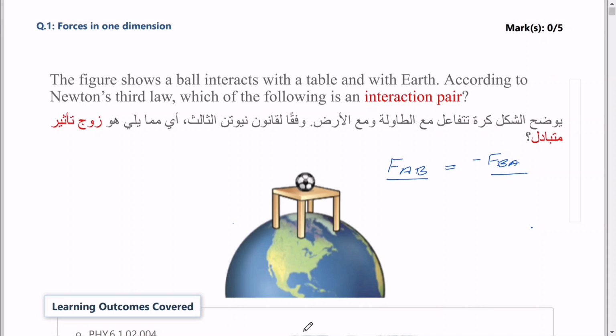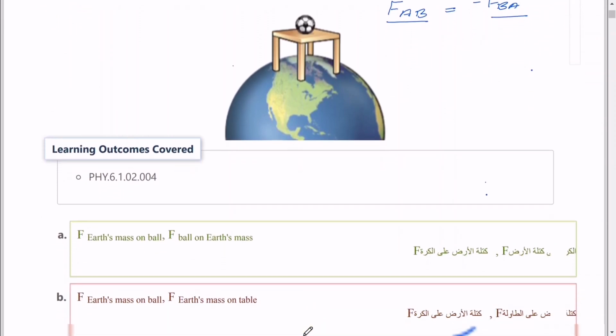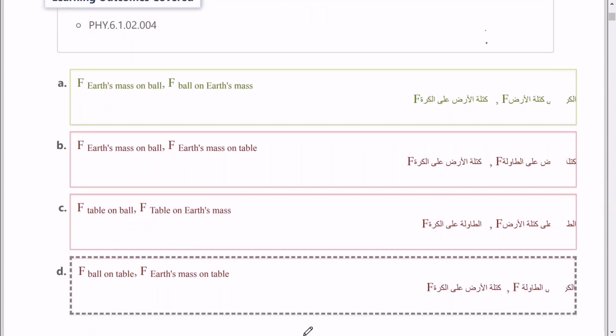So here we have four choices given. I will start with the fourth choice. In D, you can see here F ball on table means force applied by ball on table. And what is the reaction given here? Force applied by Earth's mass on table.